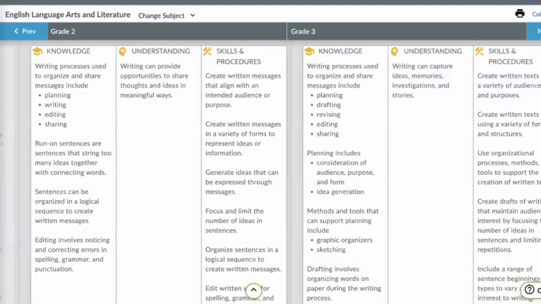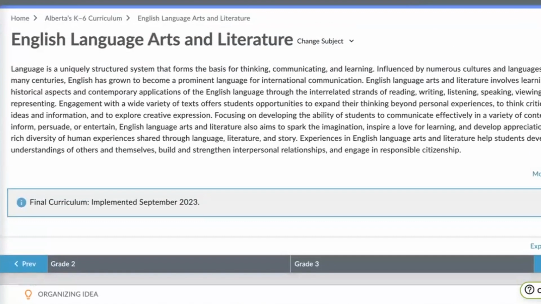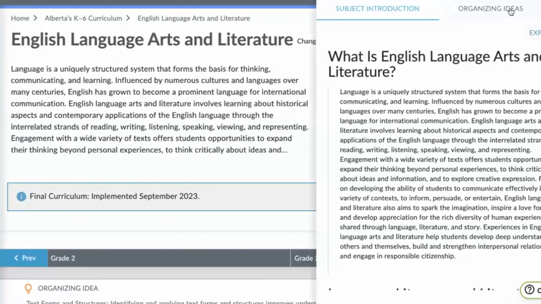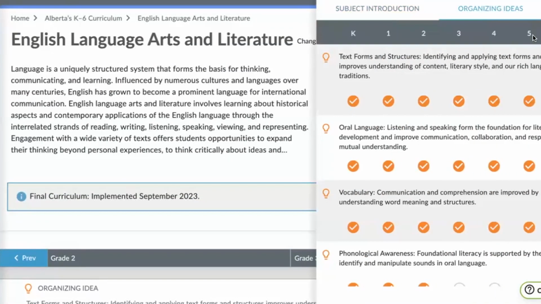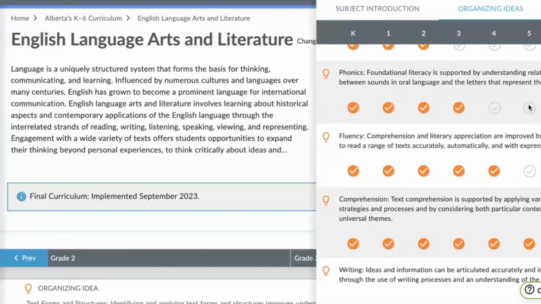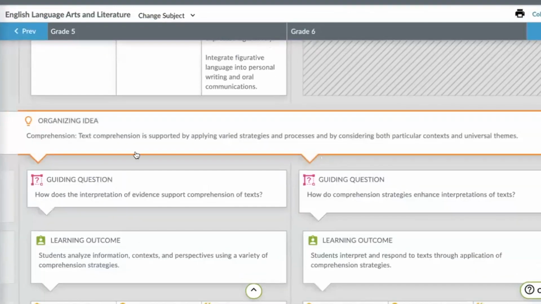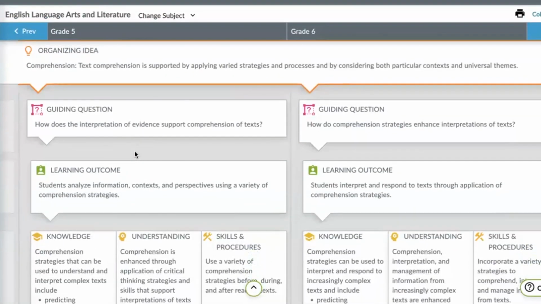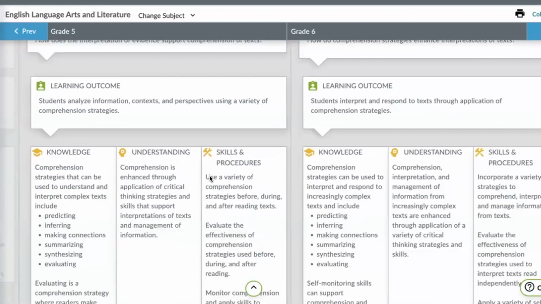Right. So very similar to the grade 2 example, you are going into your curriculum, to your organizing ideas, and becoming familiar with those ideas for your grade level. And again, that grade 5 example was comprehension. So going down to the organizing idea of comprehension, stealing that from the curriculum, and then looking at the cusps.